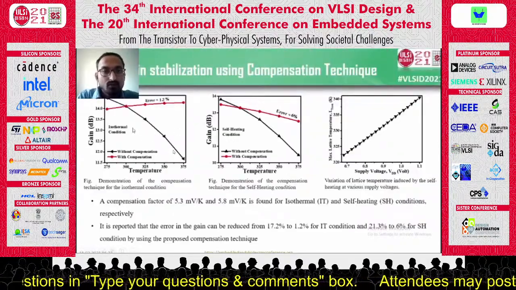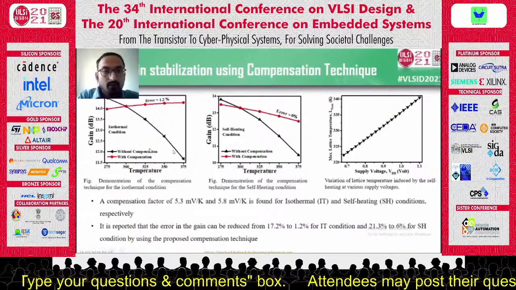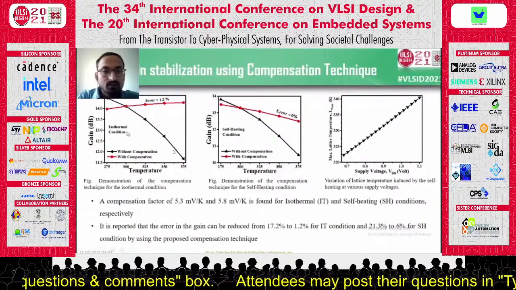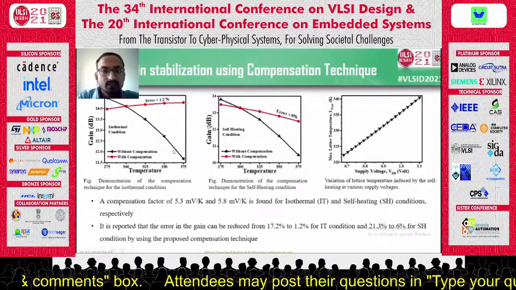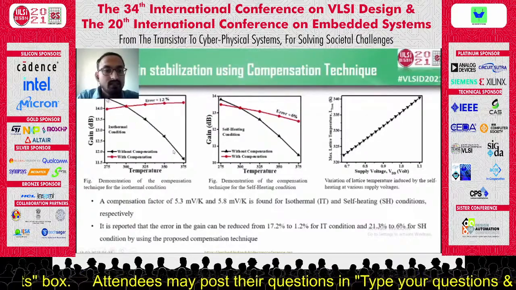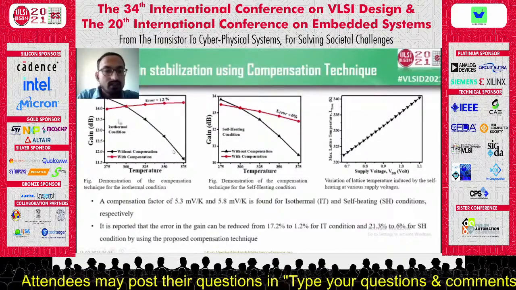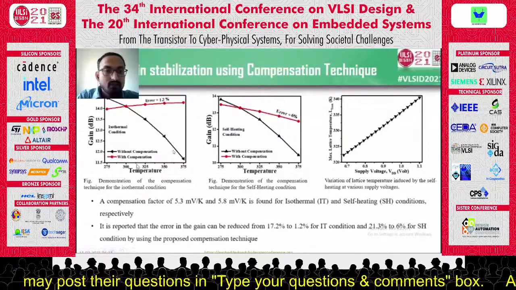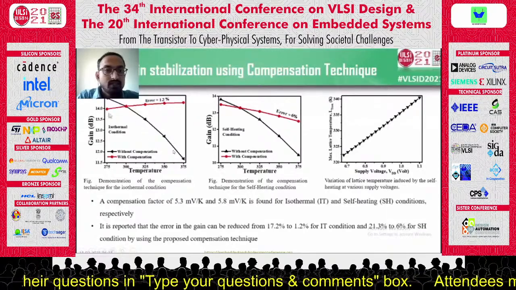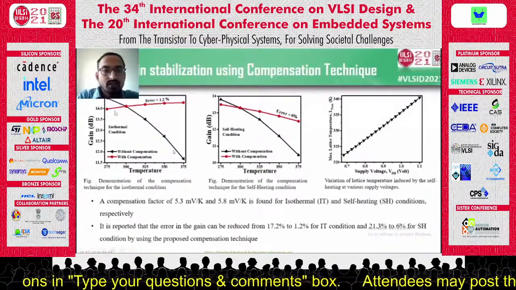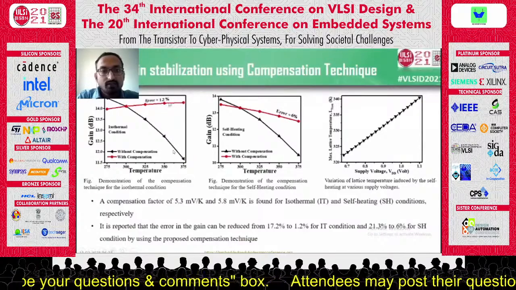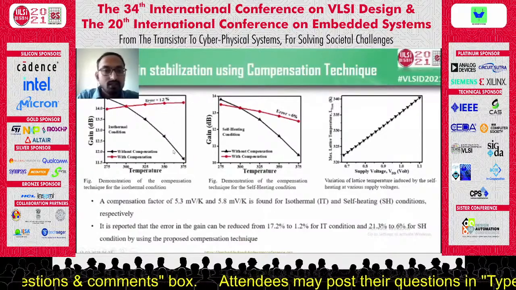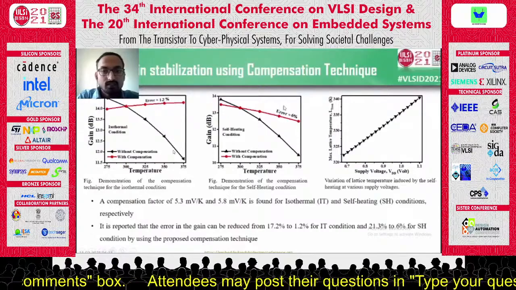So here we have demonstrated the compensation technique for isothermal and self-heating conditions. Here we can see that there is a large error in the gain with the temperature without compensation, and by using the compensation technique, the error can be minimized. This is for the isothermal condition, and this is for the self-heating condition.